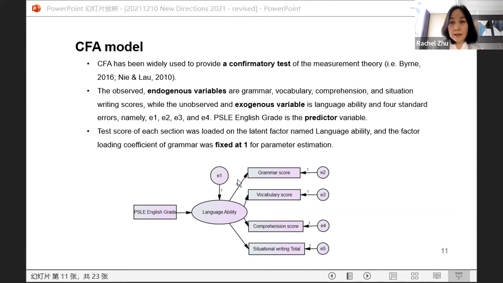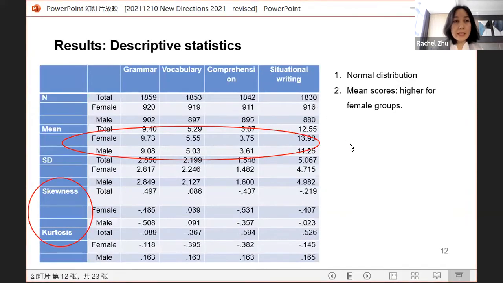Another thing I want to draw your attention to is that the test score of each section was loaded on the latent factor named language ability, and the factor loading coefficient of grammar here was fixed at 1 for parameter estimation. And here is the result.